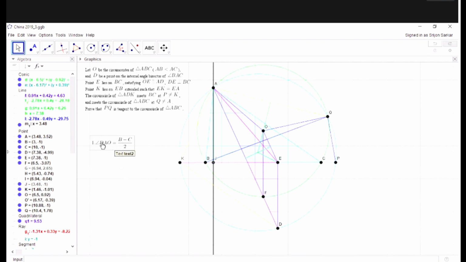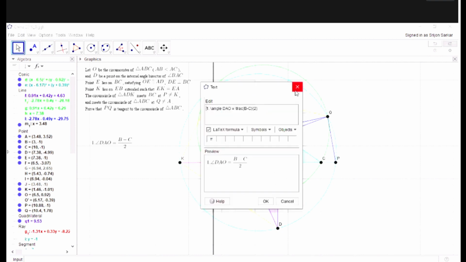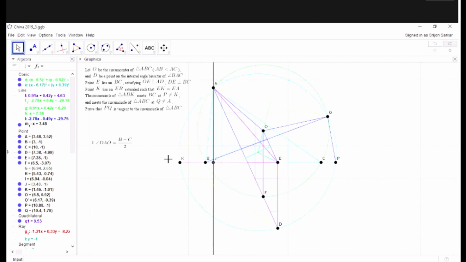Okay, so this was the first thing we require here: DAO equal to B minus C by 2. So how many of you were able to get it? You can say in the chat like Y or something like that. Only one as of now.